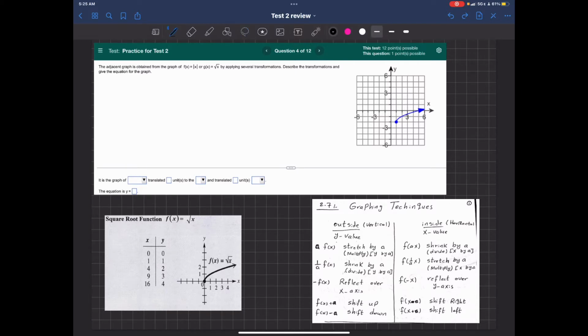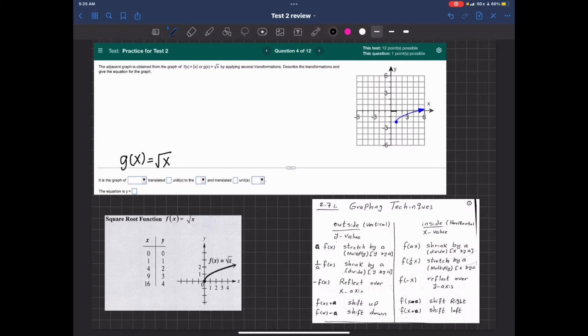So it says it is the graph of, so I'm just going to start writing this in. It is the graph of g of x equals the square root of x. So in your practice test, it's going to be a drop-down menu. Okay, and then it is translated. So let's see, we go to the right first. So we start at the origin and then we go to the right.